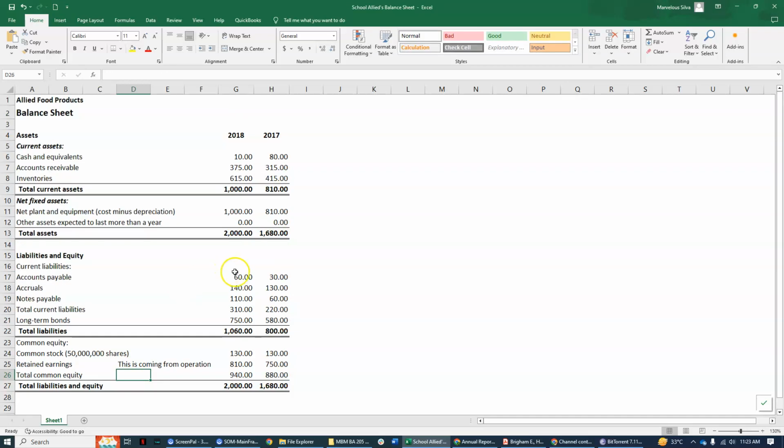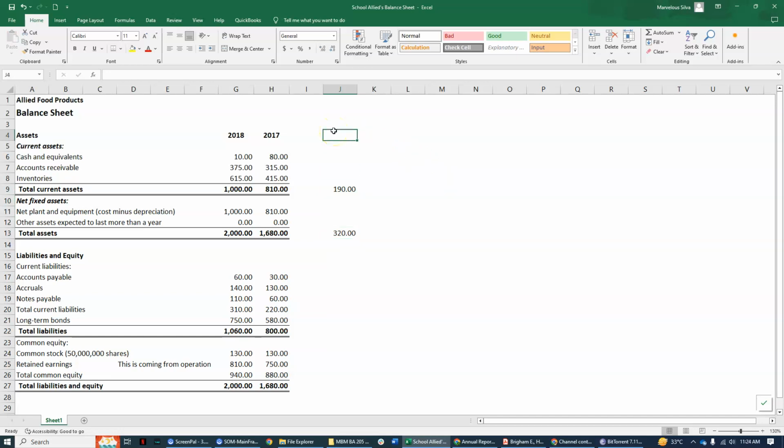For now, in a short analysis, we can say that the assets grew by 190 and the total asset grew by 320.